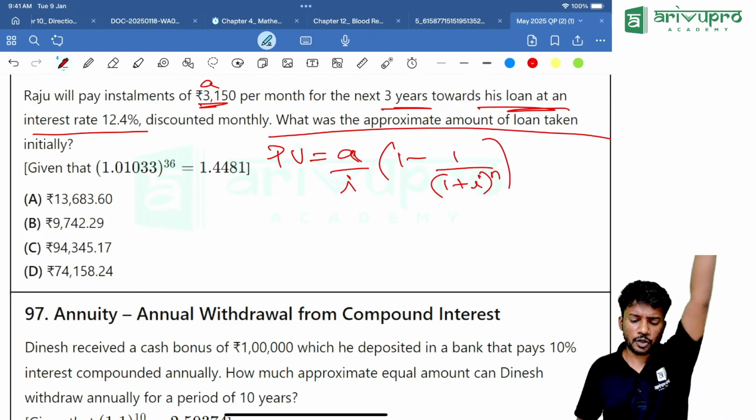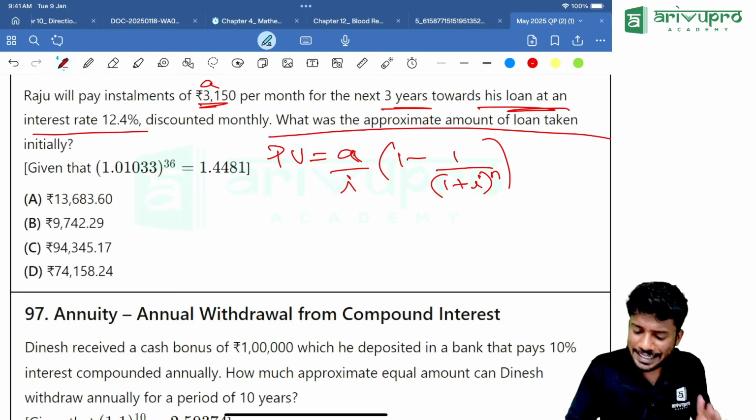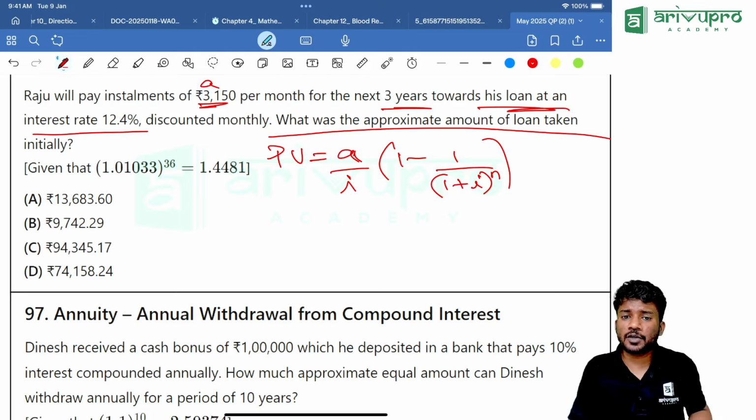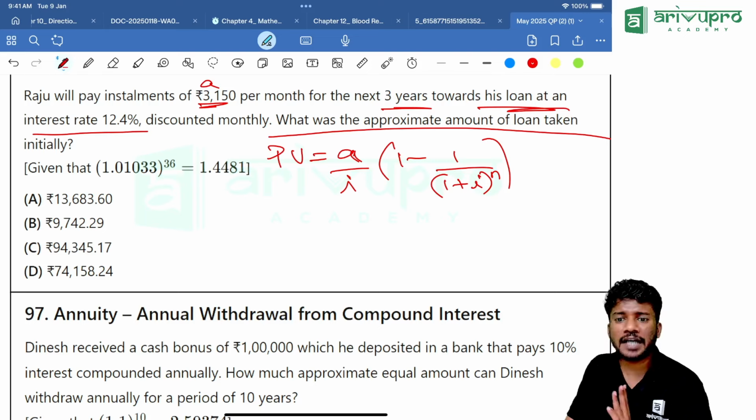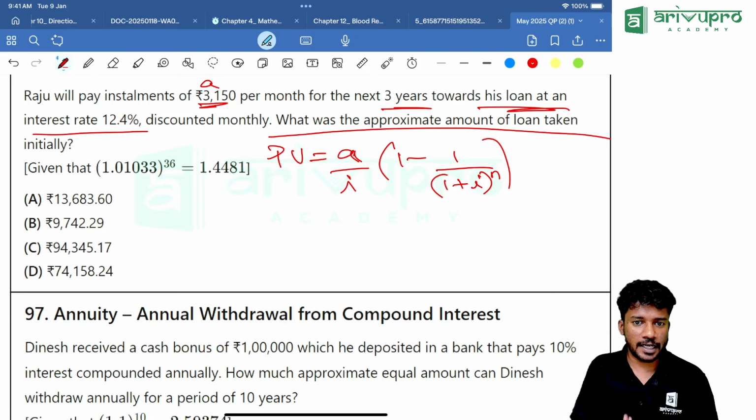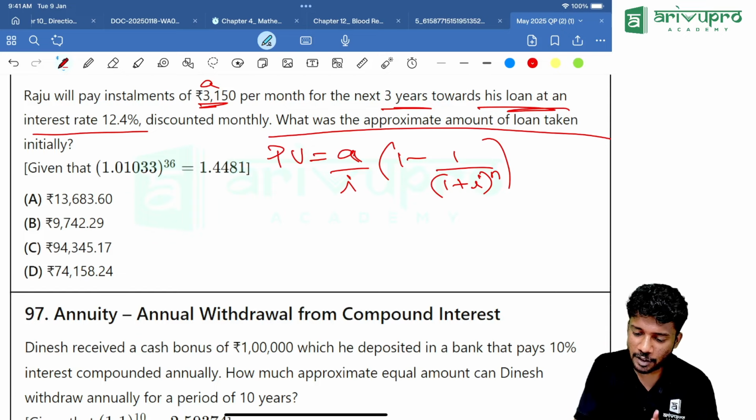Now people, look here. It is compounded or discounted monthly. Monthly means I value we need to divide by 12. N value you need to multiply with 12. N is 36.